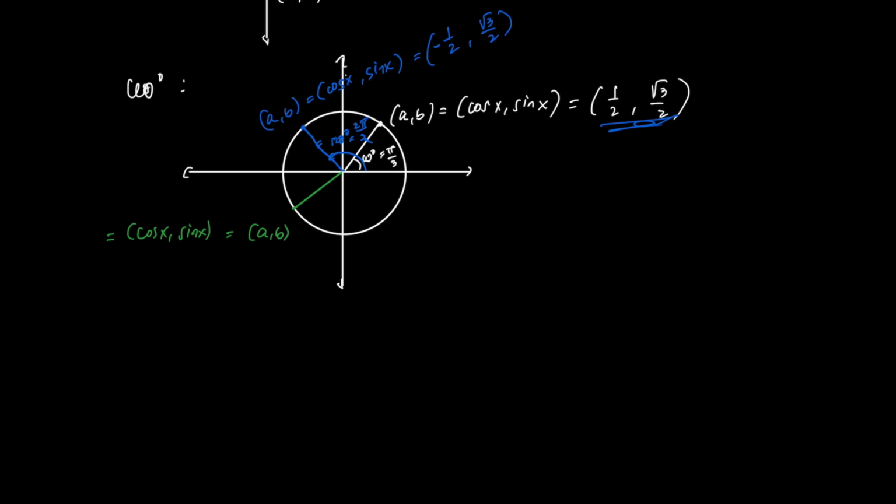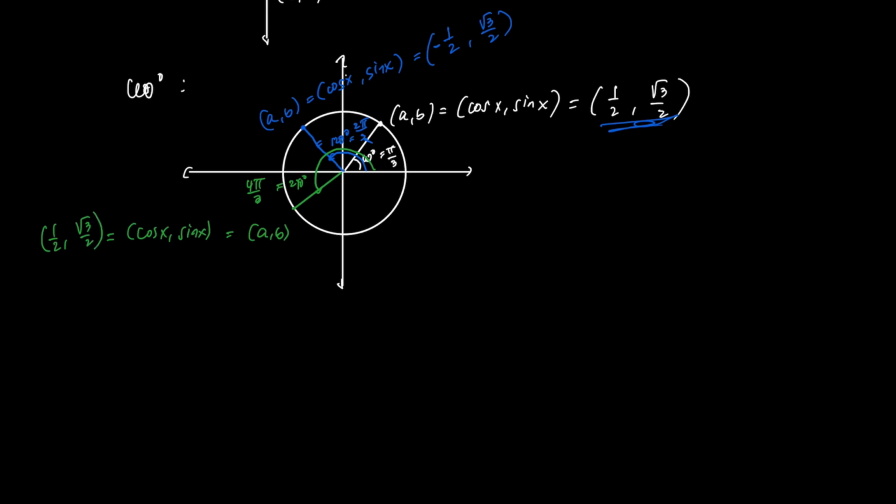But what angle is that? This one here is 240 degrees, or in terms of pi, that's 4 pi over 3. And that value there is still 1/2 and square root of 3 over 2.